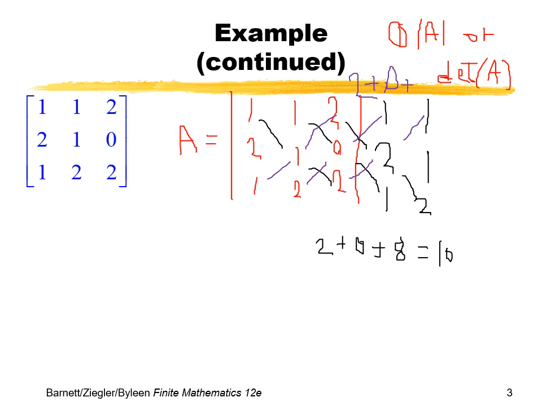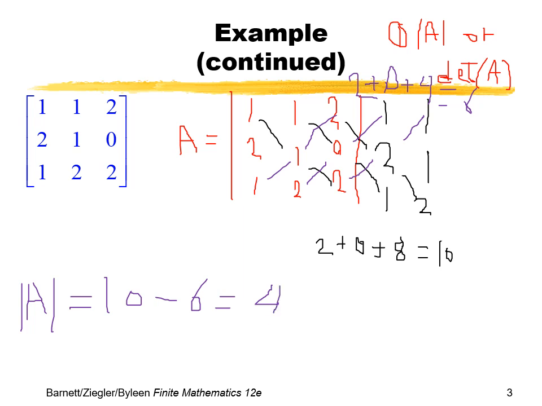So determinant A equals 10 minus 6, where 2 plus 0 plus 4 equals, of course, 6. So the going-down diagonals, 10, minus the going-up diagonals, 6, equal 4.